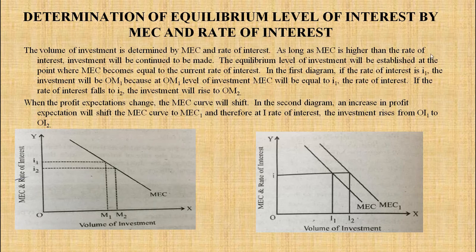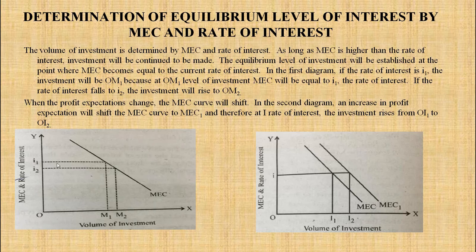Now in the first diagram, if the rate of interest is I1, the investment will be OM1. Look at the diagram.